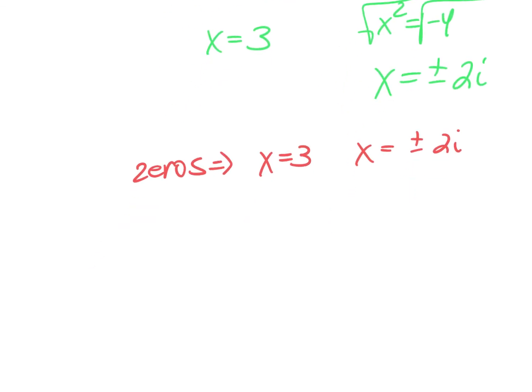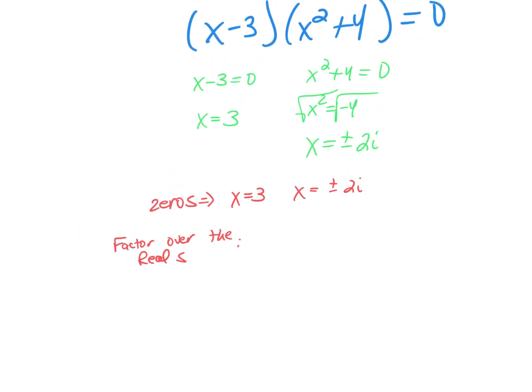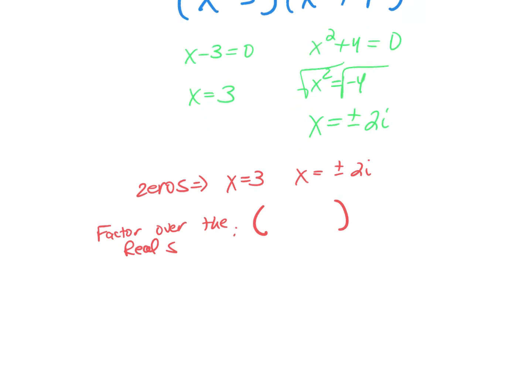Now, if I ask you to factor over the reals, what does that mean? What kind of an answer do I want to have? I want my parentheses, good. And in those parentheses, do I want any i's? No. Think about that, guys. You're confused about how they're asking that.